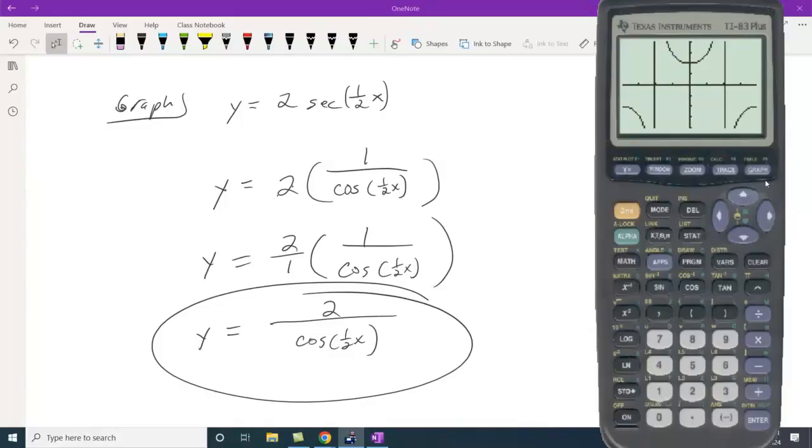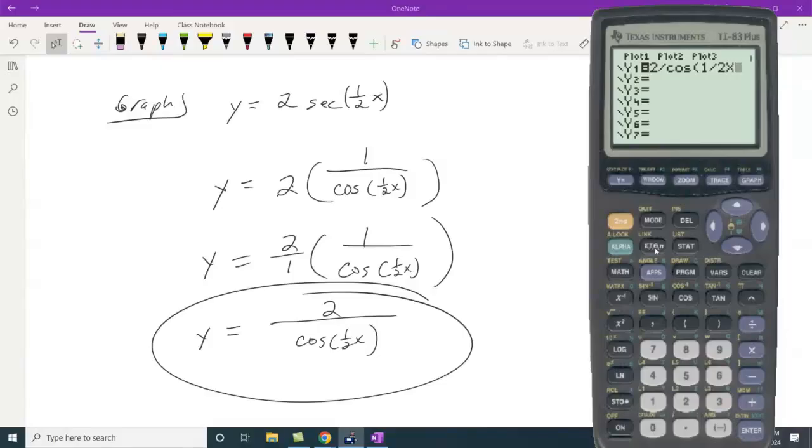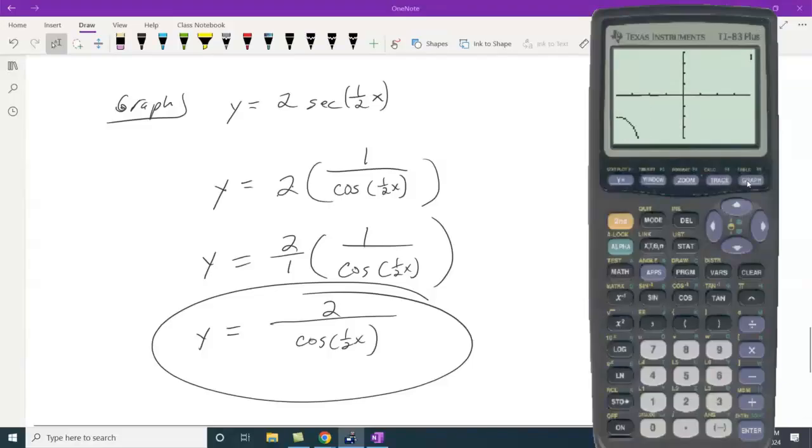I'm sorry, it was 2 minus cosine. Yeah, 2 divided by the cosine. I just put in x over 2. You could put in 1/2 x. Or you can put in 0.5x, however you want to work that fraction out. But nonetheless, you would get the same graph.